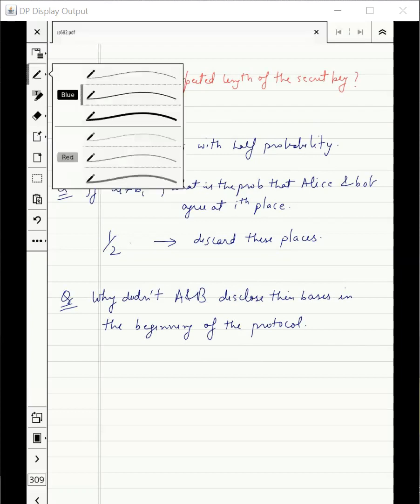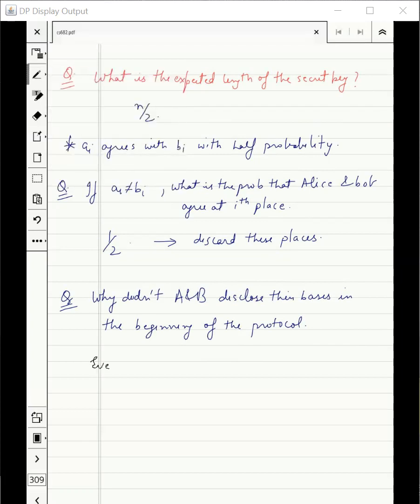What could have happened? Eve could have measured in bases and sent the result to Bob. Right now we have started talking about the security issues; before, we were only making sure that this protocol works.